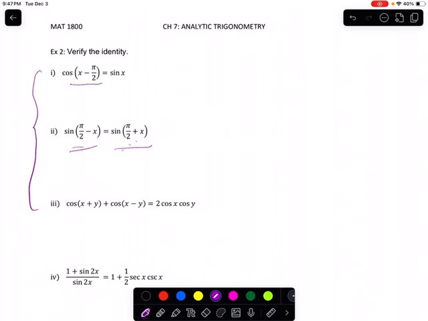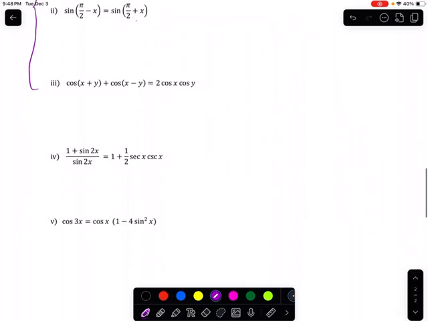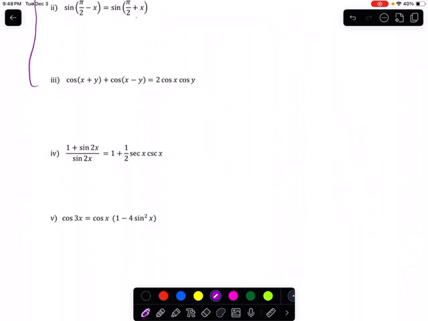But for the first one, you can see the left side is more complicated, so start here and apply the formula and plug in the values and the rest will be what you should be equal to the right hand side. The third formula, similarly, because the left hand side is more complicated, so start with that. And then, I'll show you the fourth and the fifth one.